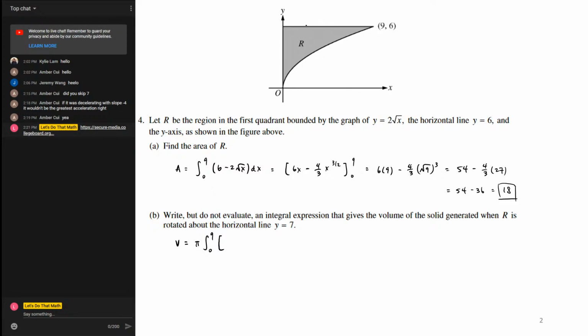Since y equals 7 is up here somewhere, the larger radius is going to be to the bottom function, right? So that's going to be 7 minus 2 root x, and we square that, and then minus the smaller one, which is going to be 7 minus 6, squared. And this is the formula, right? Just as a refresher, the formula is like this.